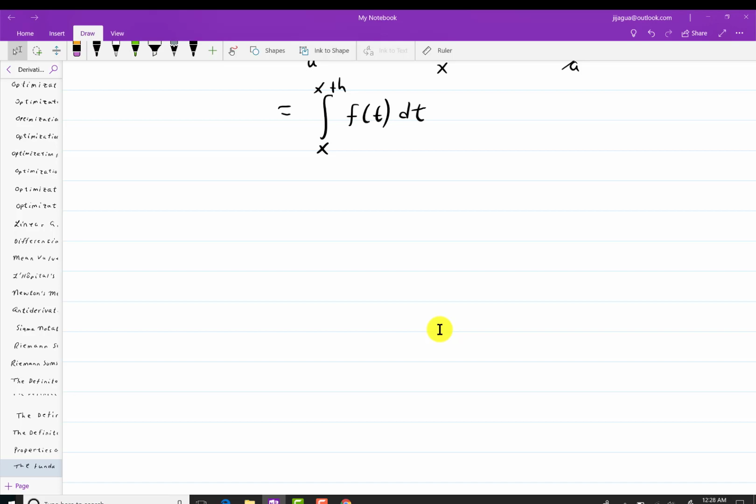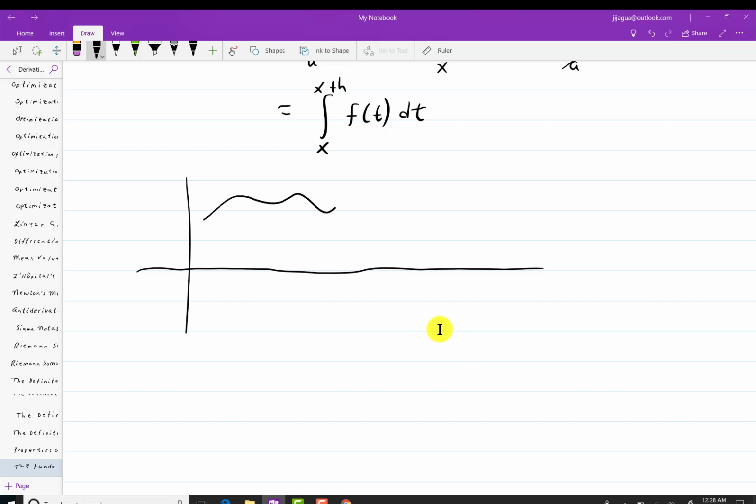Now, one thing you ought to know is if I have my function coming along, wave, and I want to just now talk about from x to x plus h. This is really zoomed in so that you can see some of the details. Well, on this closed interval from x to x plus h, since the function is continuous, we have an absolute maximum and an absolute minimum.